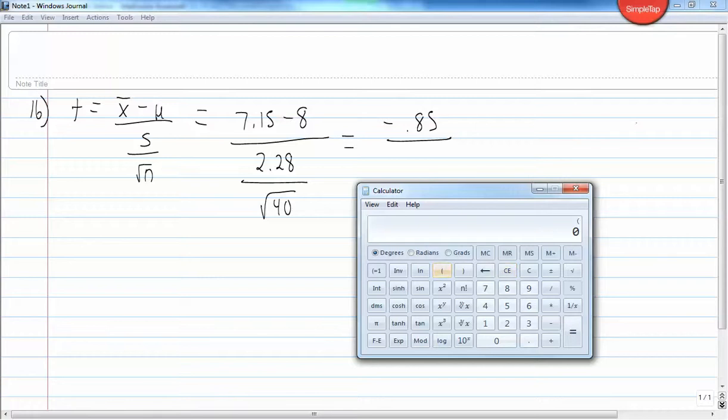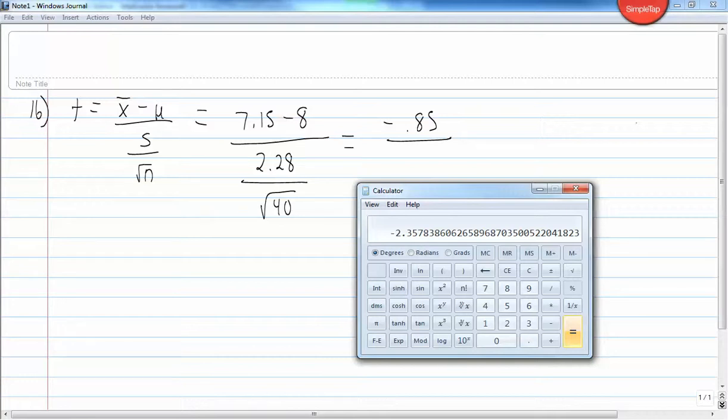Like I could say parentheses 7.15 minus 8 parentheses, and say divided by, open parentheses again, 2.28 divided by 40 square root, and then close parentheses and hit equals. And you see I get the same answer, negative 2.3578 whatever.